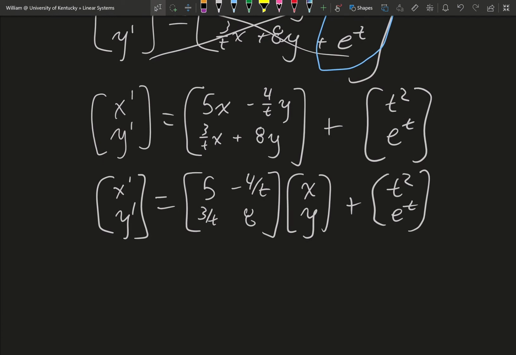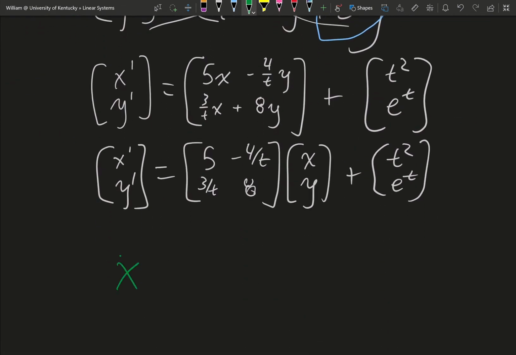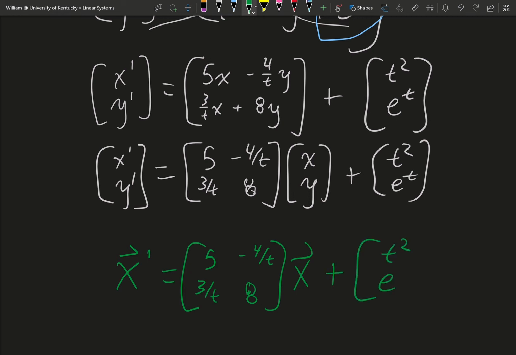So I want to make it clear here, I'm doing a ton of work. I'm just sort of trying to explain step by step what I'm doing. But sort of, if you were given this, really what we would want is something like this. So 5, negative 4 over t, 3 over t, 8, x bar, plus t squared, e to the t.